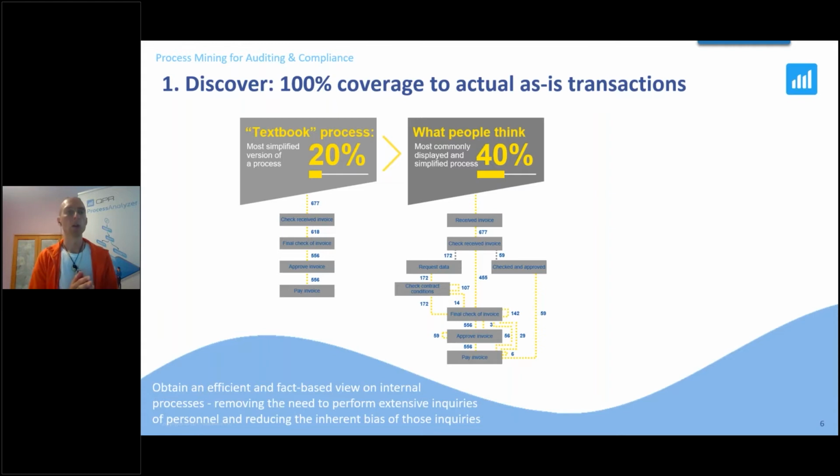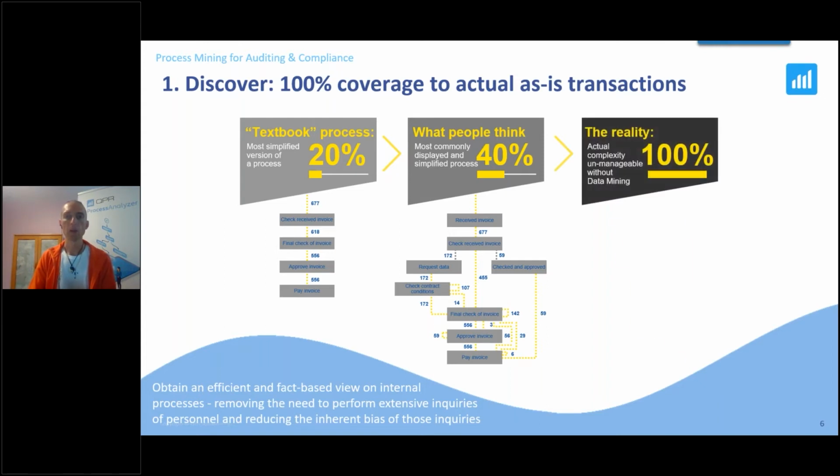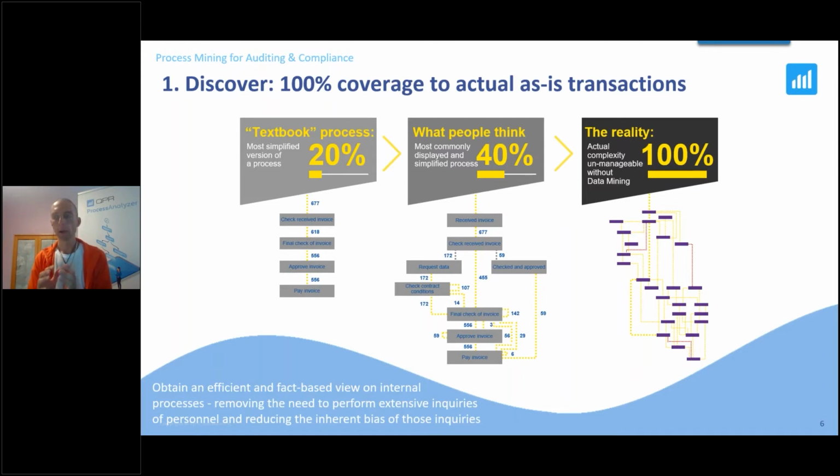And now when you do the internal audit with modern tools like process mining, you get access to the reality, which is the 100% transaction view, showing all of the exceptions and all of the fraudulent cases, malicious buying, and anything that you are looking for with fact-based precision.